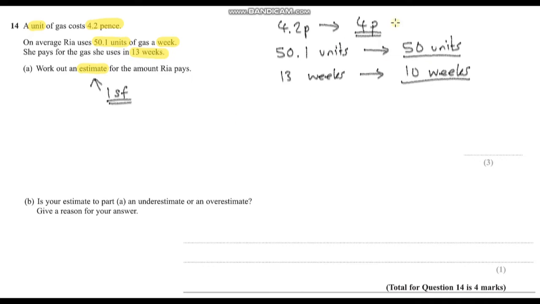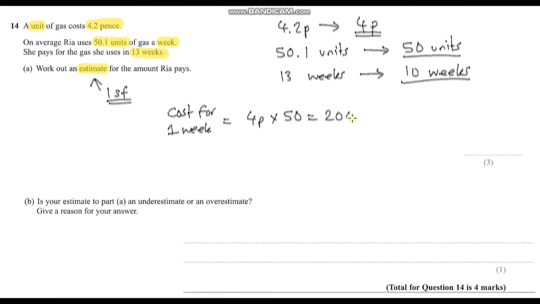So now we've got all of our estimated values, we can answer the question. So we need to work out how much Ria pays for her gas. Let's first of all work out the cost for 1 week. Each unit costs 4 pence and she uses 50 units in a week. So the cost is going to be 4 pence times 50.